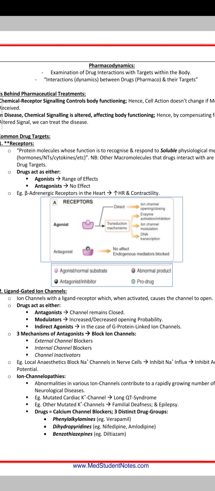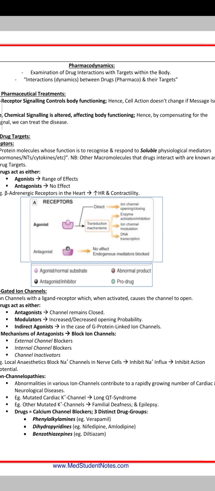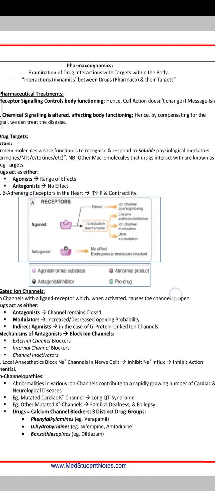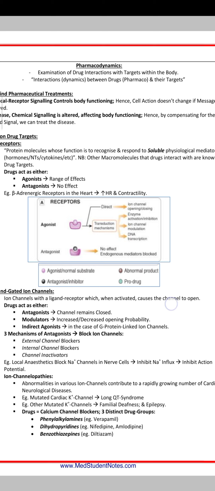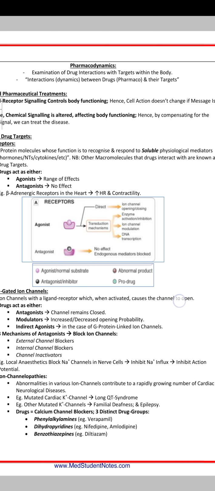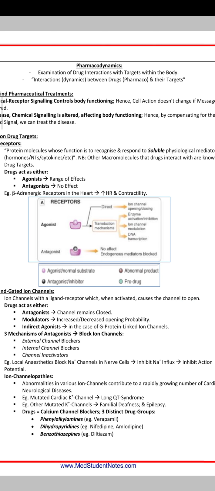Three mechanisms of antagonists: block ion channels, external channel blockers, internal channel blockers, and channel inactivators. The local anesthetic blocks sodium channels in nerve cells and inhibits sodium influx and action potential.